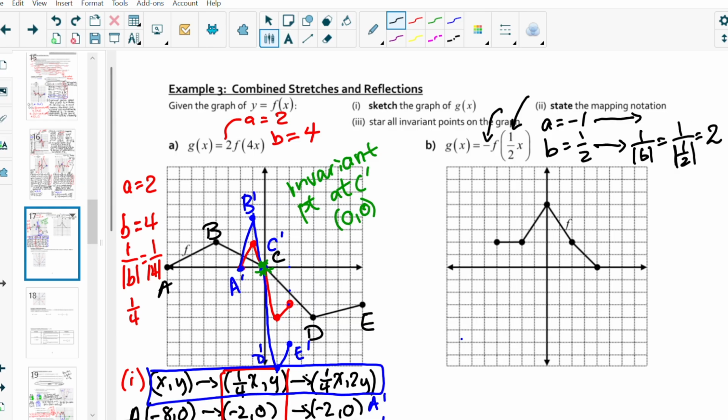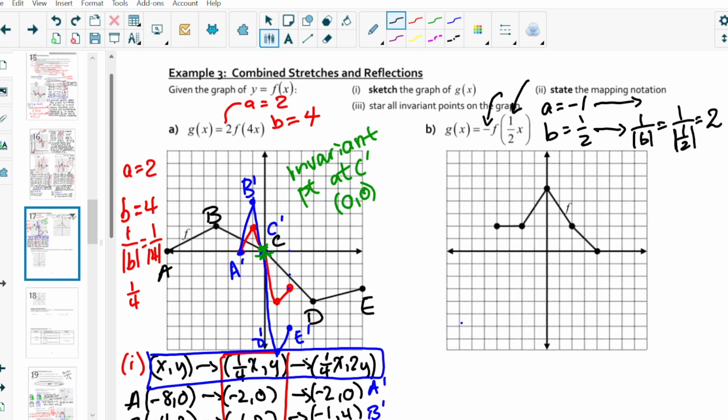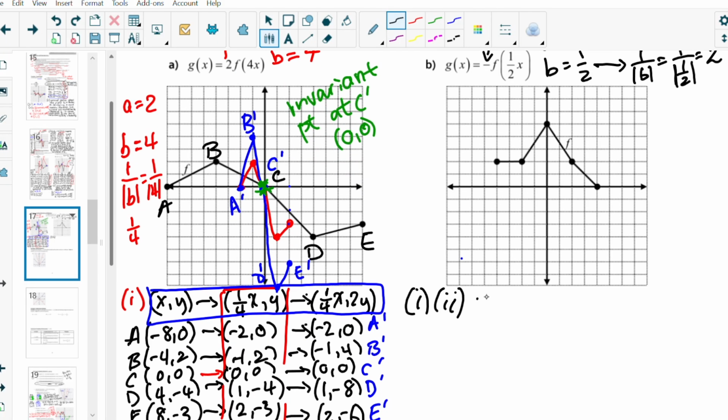So let's show the mapping notation. So this is 1 and 2. So I'm going to graph it after I show you the points and the mapping. Okay, so I have x, y. So this is A, B, C, D, E. X, Y, I have negative 4, 2.